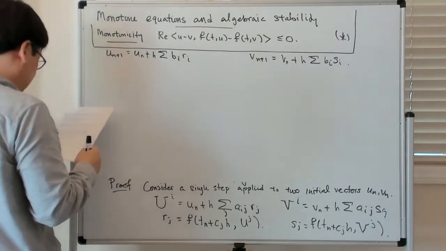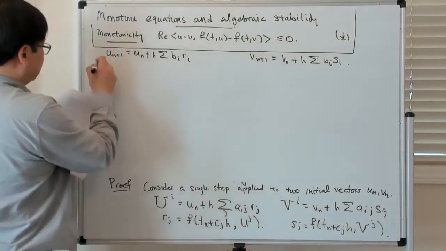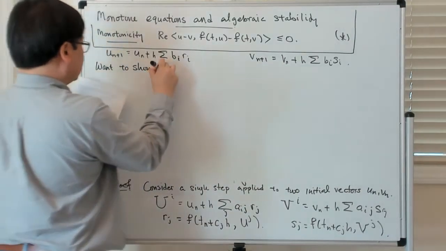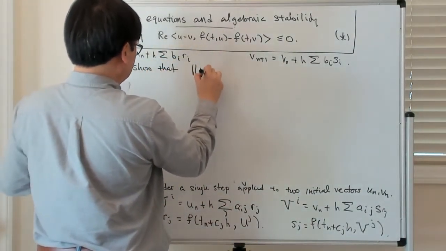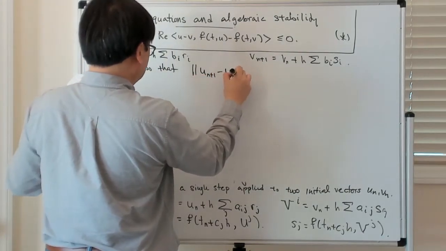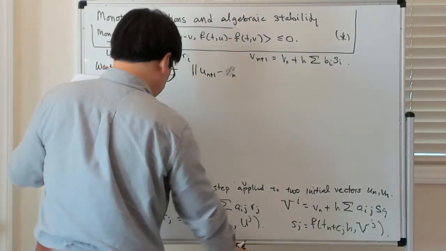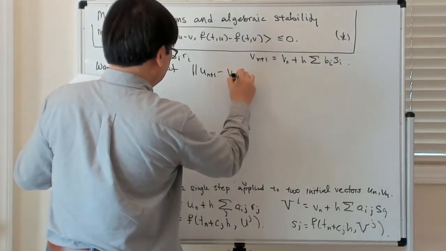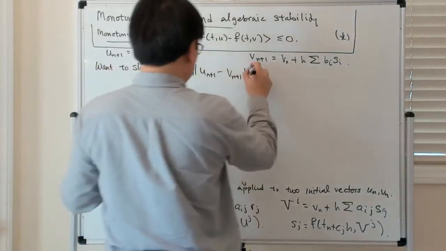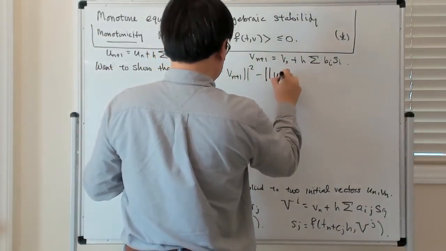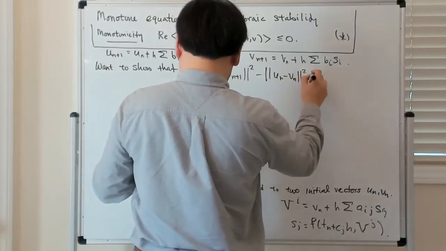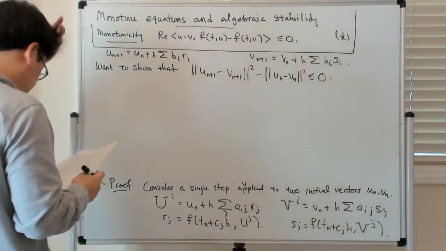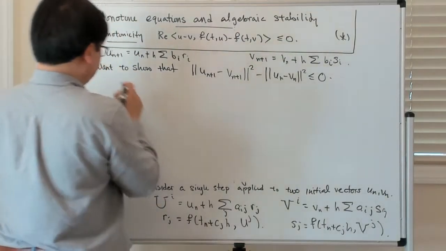Okay, and you want to show that the norm of Un plus 1 minus Vn plus 1 squared minus the norm of Un minus Vn squared is less than or equal to 0. Okay, so let's write down what that expression is, right?